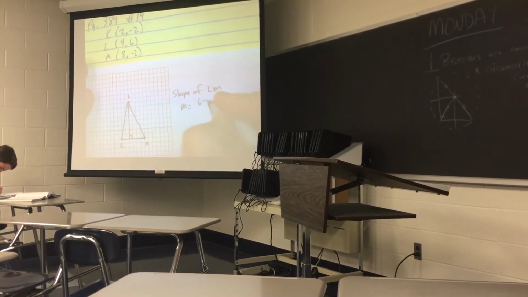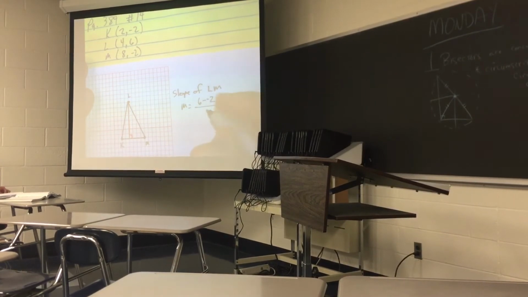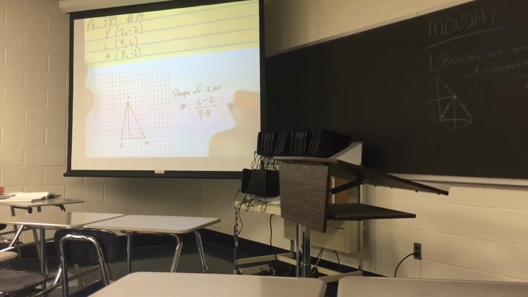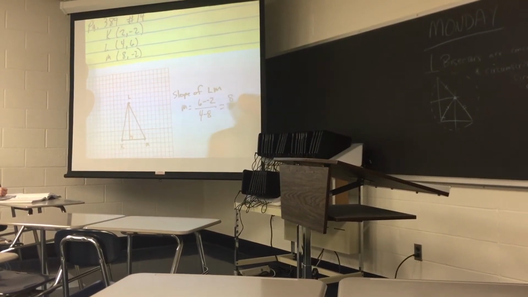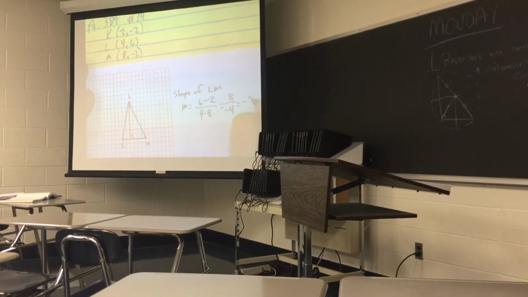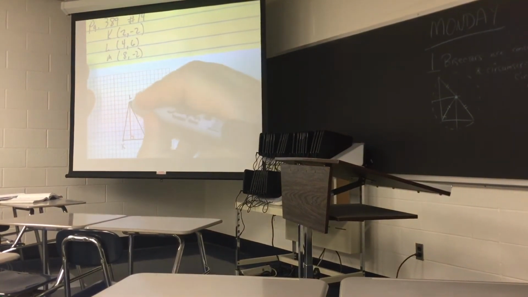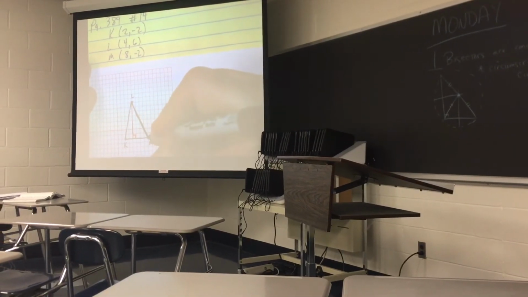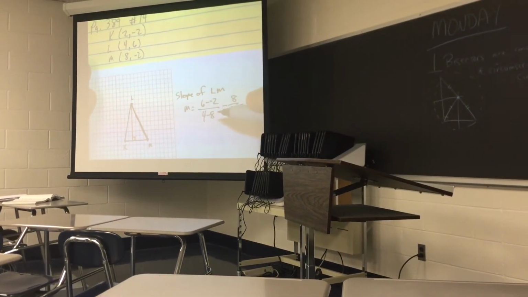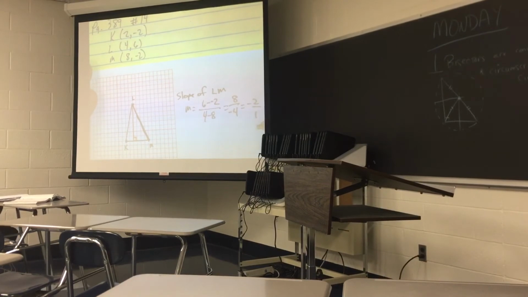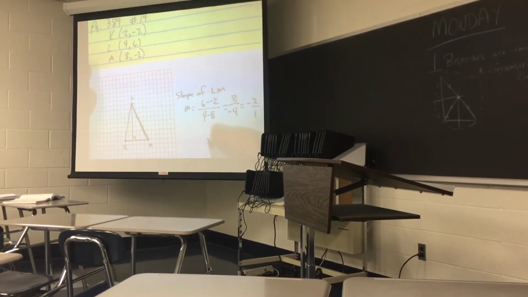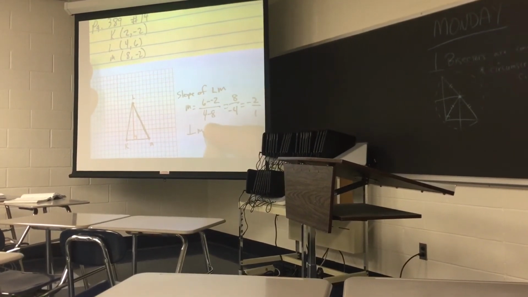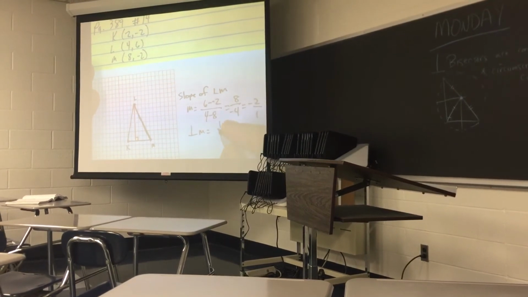So 6 minus -2 and 4 minus 8. That would be 8 over -4, which is -2 over 1. So the slope of LM is -2, which makes sense because it's going down to the right. So the slope of the perpendicular would be +1/2.